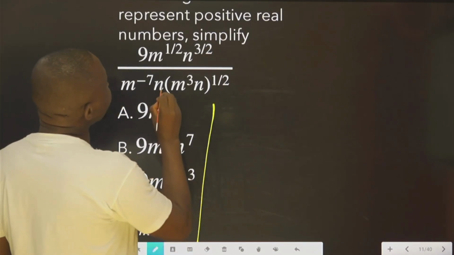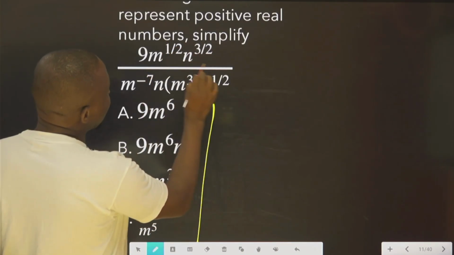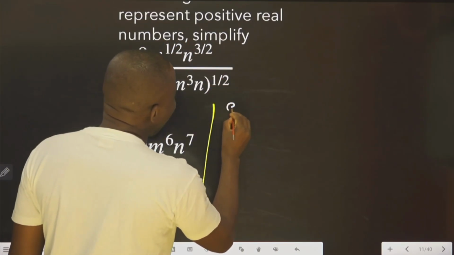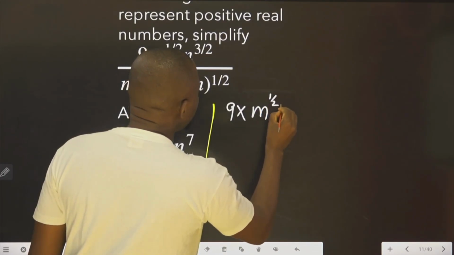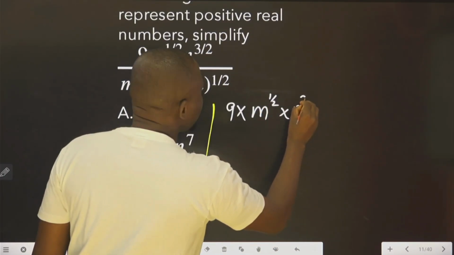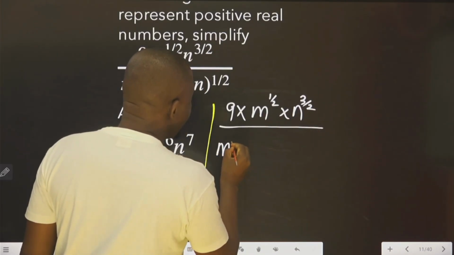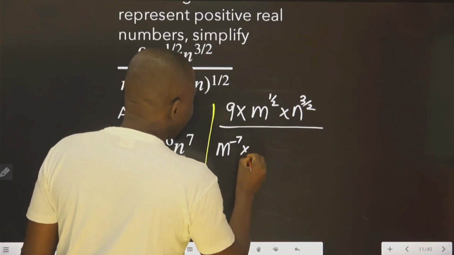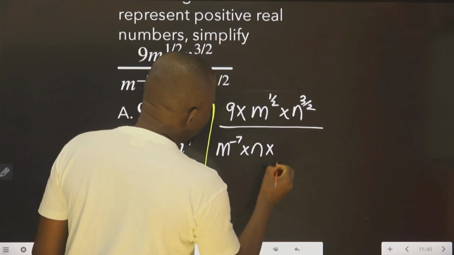All we can do here is, first of all, if you look at this now, we can expand this to be 9 times m raised to power 1 over 2 multiplied by n raised to power 3 over 2, all over m raised to power this multiplied by n multiplied by whatever that is inside here. Let's just put this outside first.